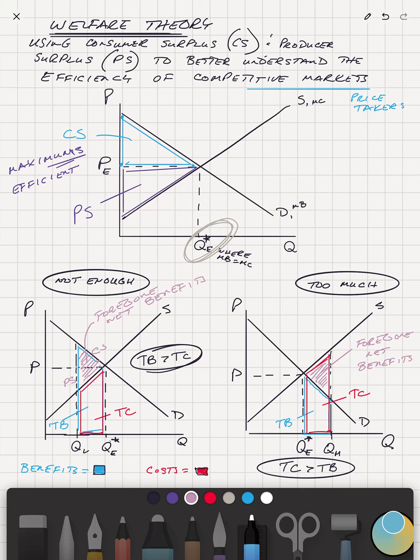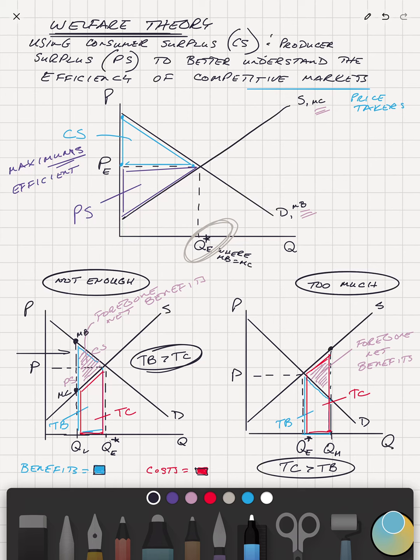Another way to look at this, and I'll briefly talk about this, is that we talked at this top graph about marginal costs and marginal benefits. Let's bring that down here, and you can see here is marginal benefit, here is marginal cost. When you have that difference, it says do more. You want to move to the right and capture these foregone net benefits.